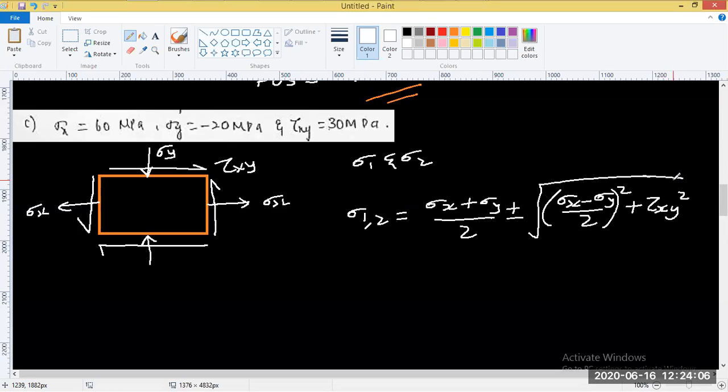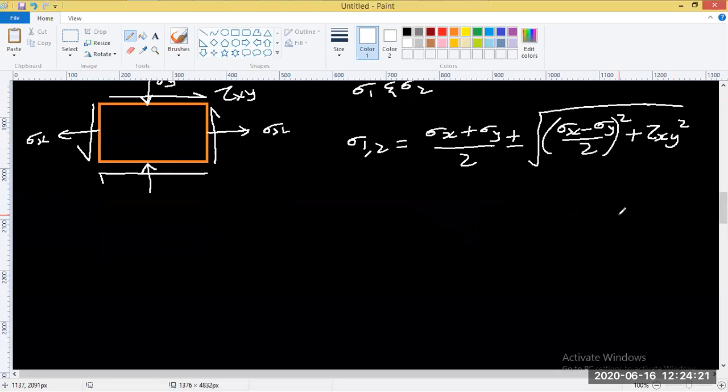That is the principal stress equation, which we have performed already many number of times. Right. So let's start off with this. Just substitute, plug and play.